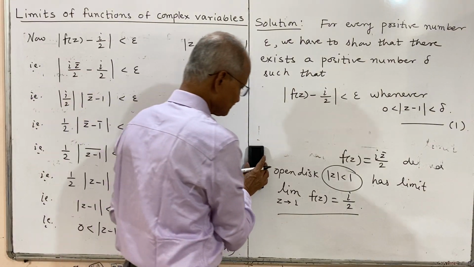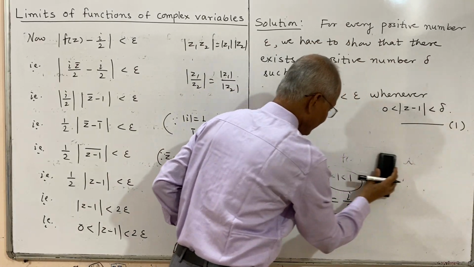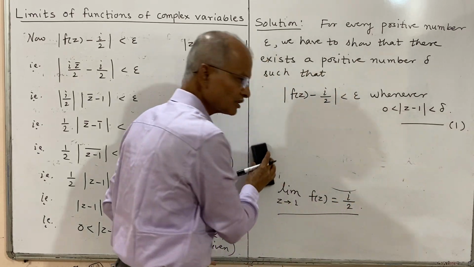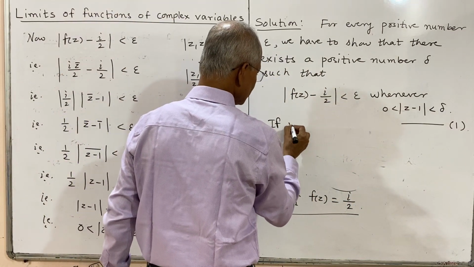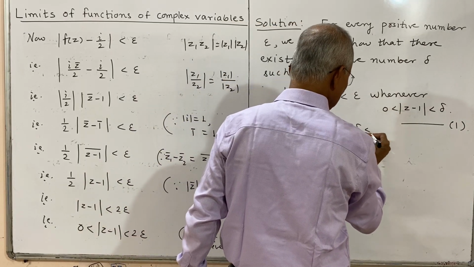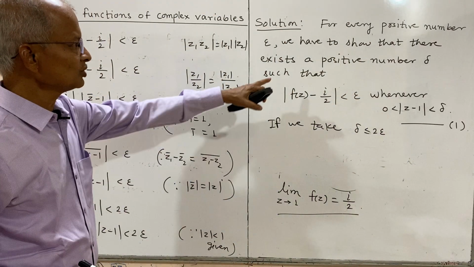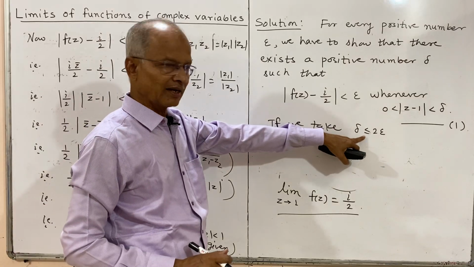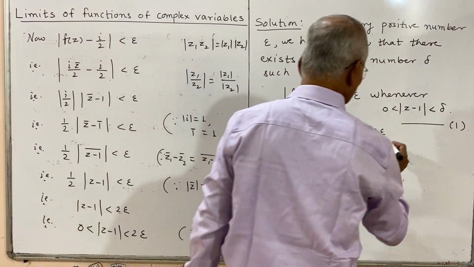So therefore, if we take delta less than or equal to 2 epsilon, we want to show that there exists a positive number delta, and that delta can be taken as 2 epsilon or smaller than 2 epsilon.